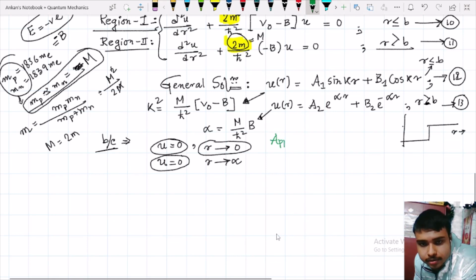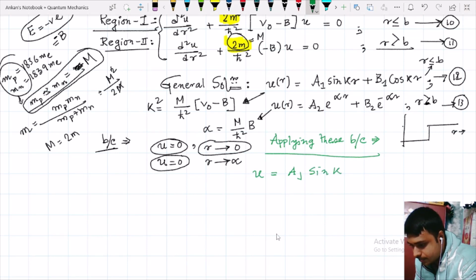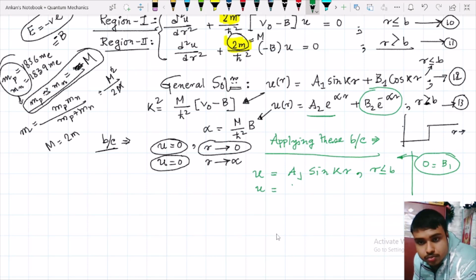So applying these boundary conditions in equations 12 and 13 we will obtain that u in region 1 is a1 sin kr. Why? Because u is 0 at r equal to 0, so b1 is 0. And at r tends to infinity, the term with a2 goes to 0, and this term becomes infinity, so we have to write only b2 e to the power minus alpha r.